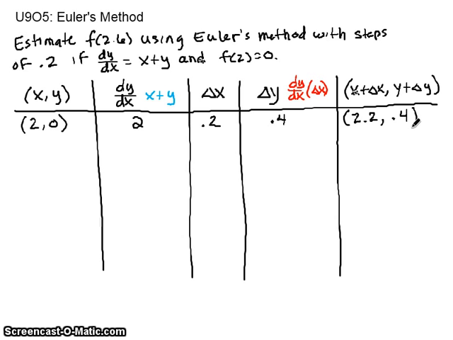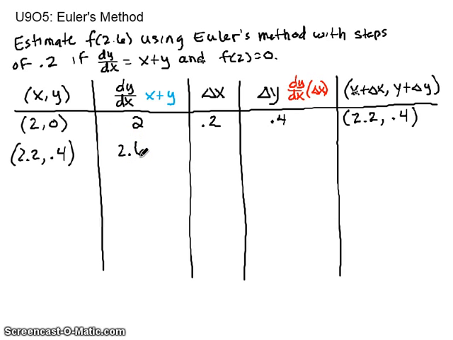We just have to keep repeating the process until we get to the point that they asked us to find. Right now we're at the x value 2.2. We need to get to the x value 2.6. So we need to repeat the process. If we start with 2.2, comma 0.4, our slope, our dy dx, or in this case x plus y, is going to be 2.6.